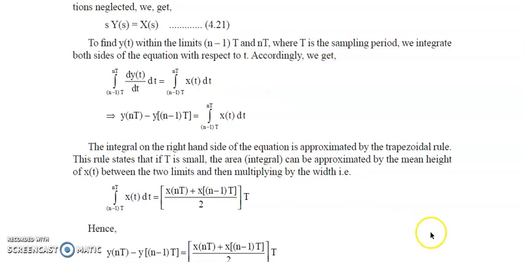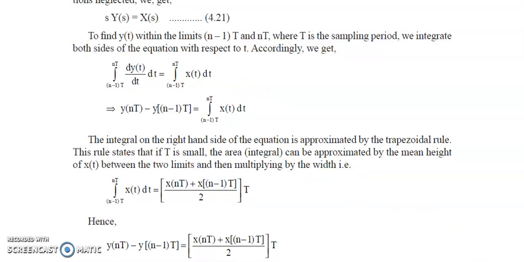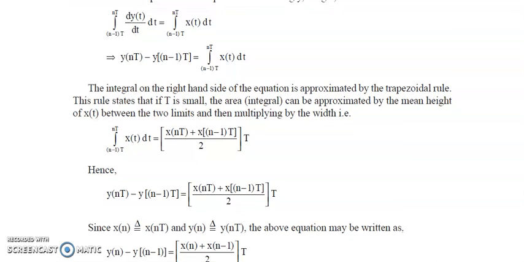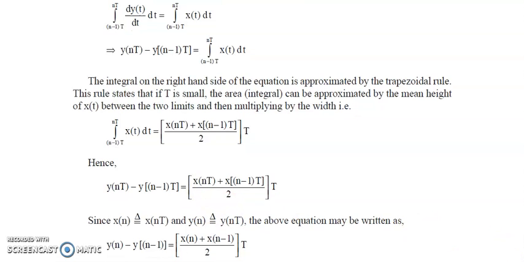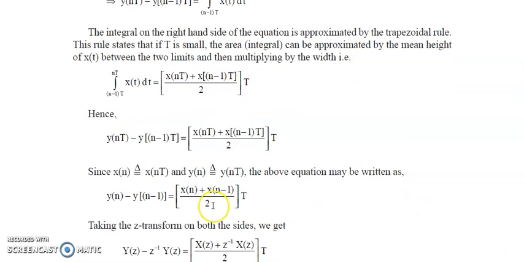Once you apply that rule to the RHS, you get y(nT) minus y((n minus 1)T) equals [x(nT) plus x((n minus 1)T)] by 2, into T. Now x(nT) can be approximated to x(n), and similarly y(nT) can be approximated to y(n). So the equation becomes y(n) minus y(n minus 1) equals [x(n) plus x(n minus 1)] by 2, into T.